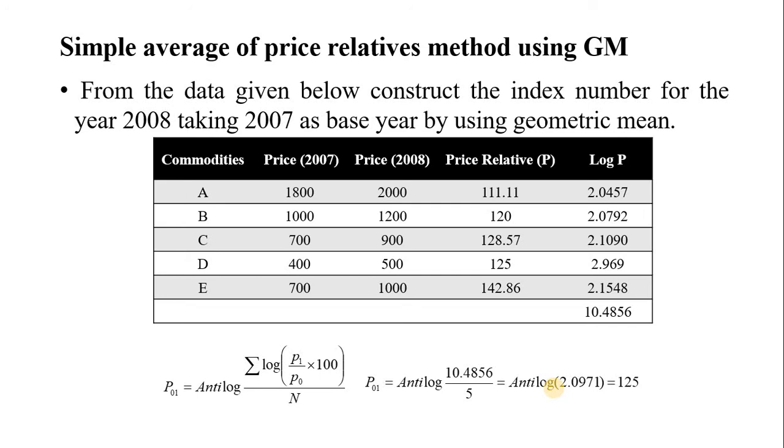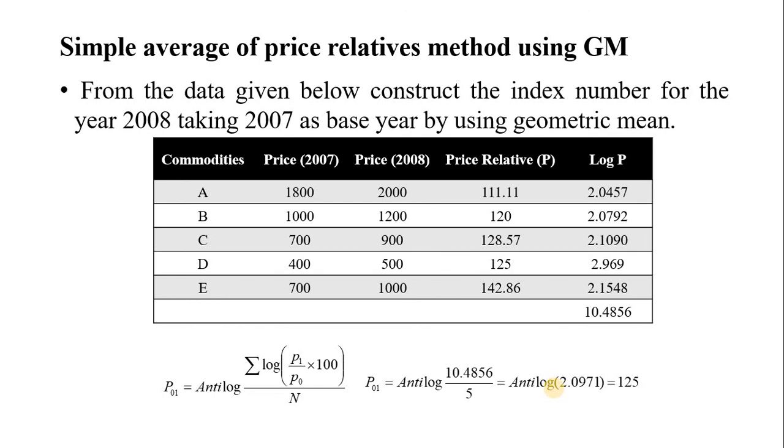So far we have learned three different techniques. First one is single price index number. Second, simple aggregate price index number. Third one, simple average price relative index number using AM and GM.